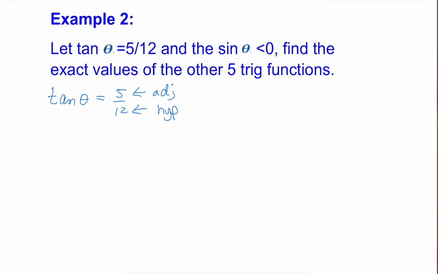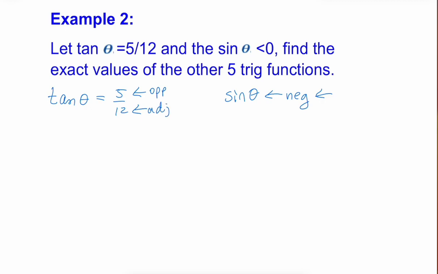But if the sine is negative, less than 0, that means that our... Yeah, you need to yell at me. The tangent, let's go back for a moment, I'm so sorry. The tangent is opposite over adjacent. Sorry about that.